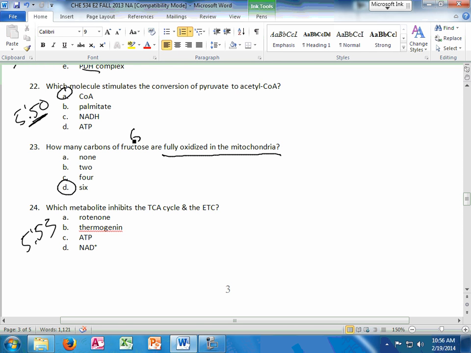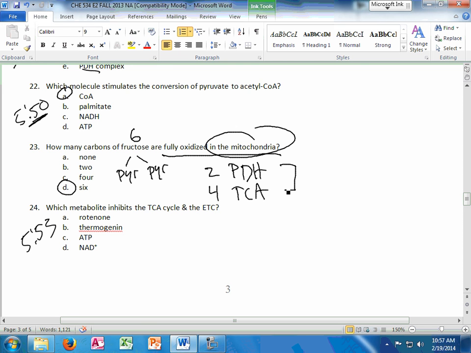Fructose is a 6-carbon molecule, so it's going to enter as 2 pyruvates, which each have 3 carbons, and one from each of these are going to be oxidized in the PDH complex, and then the other 4 are going to be in the TCA cycle. So in the whole mitochondria, which contains both of these, the answer is 6. If you change this to TCA cycle only, then the answer would be 4.